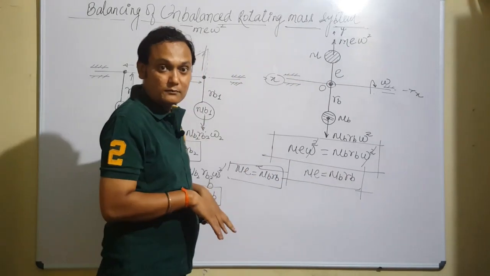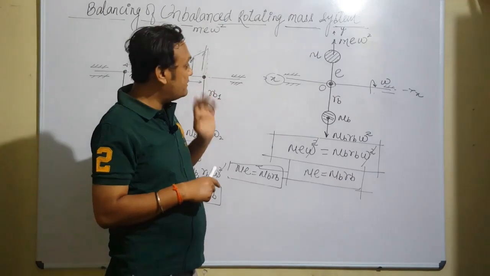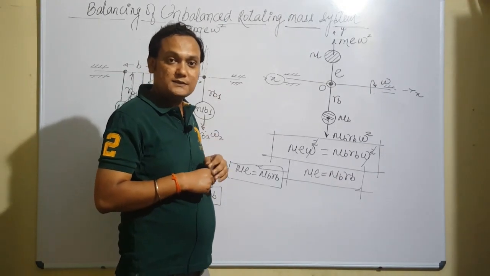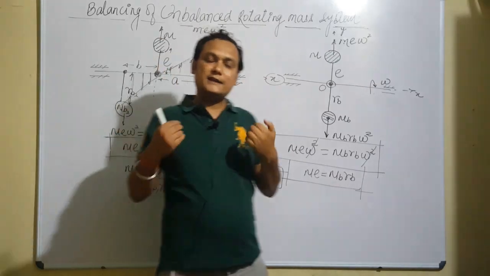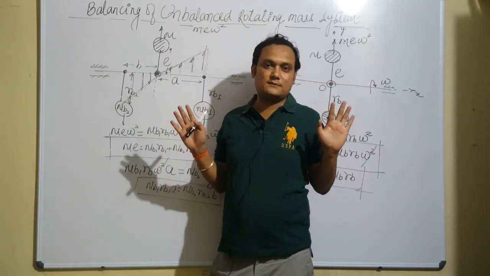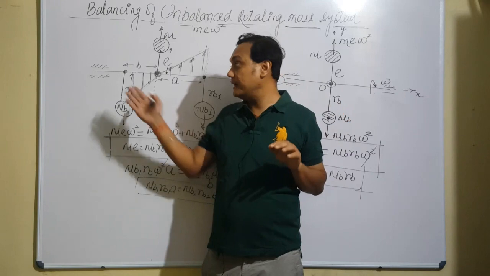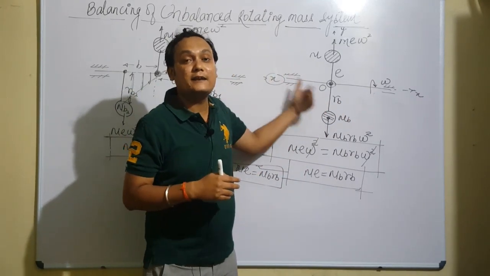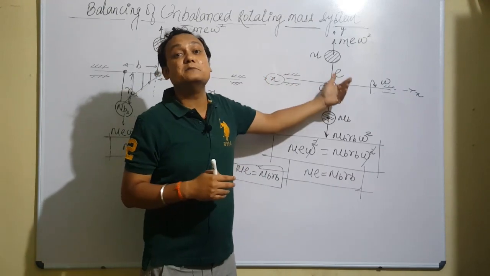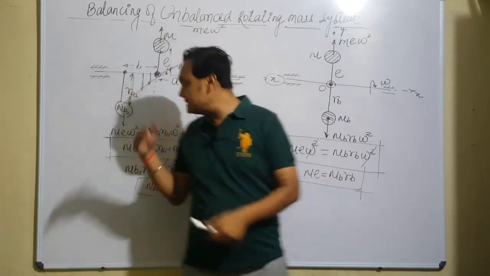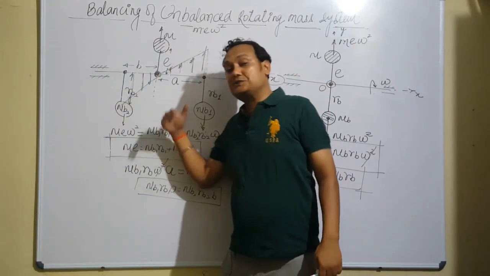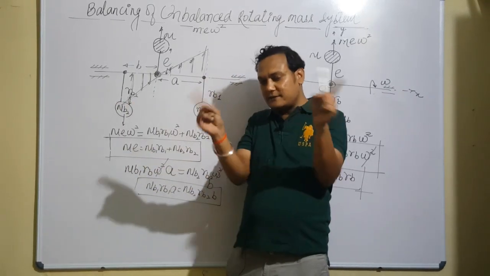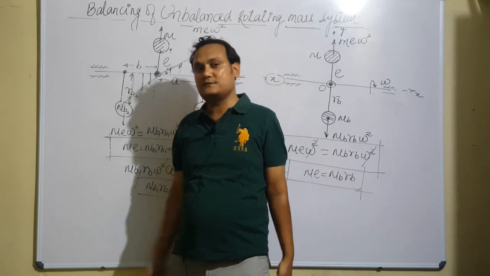You are watching that okay, net moment is 0, net forces are 0, the center of mass lies on the axis of rotation, the system is perfectly balanced, and internally also the system is happy. Yes, there is no extra bending moment like this. So this system will be called internally as well as externally balanced, and this system will be called externally balanced but internally not balanced. And this is the difference between internally and externally balanced systems.